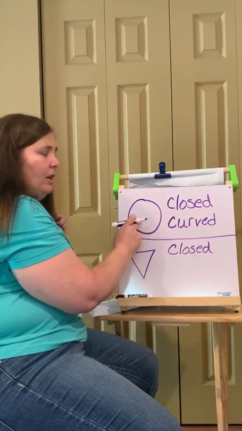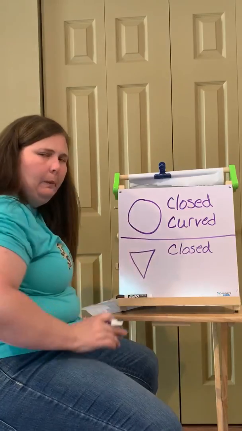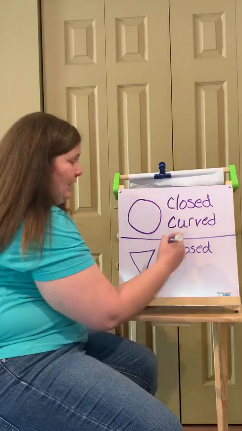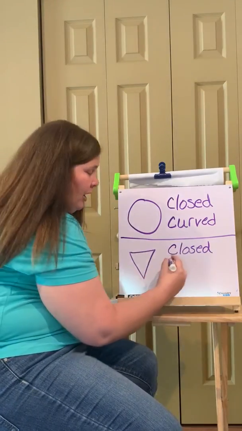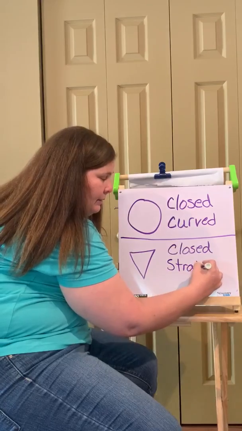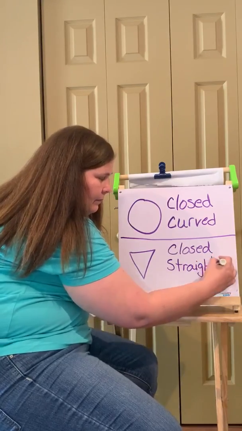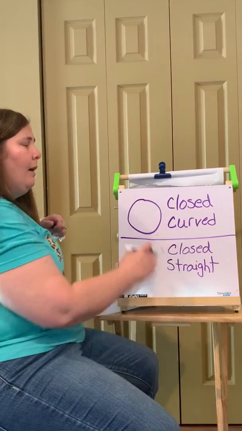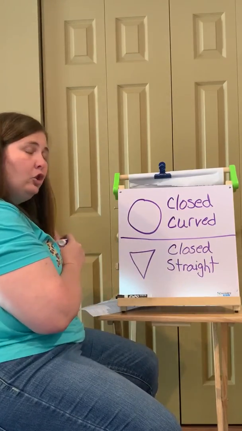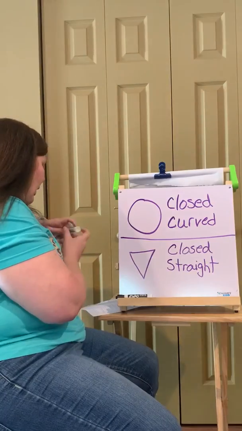Now, the other shape was curved. Look at the lines of this one. What do you notice? They're straight. So another attribute of this shape would be that it has straight lines. Okay, so we have closed and curved. This one is closed and straight. So let's look for some more attributes.